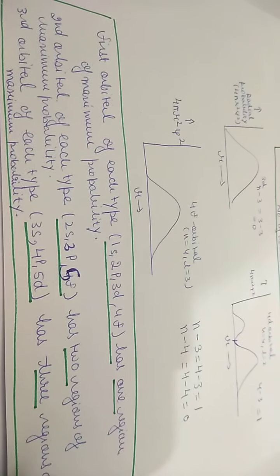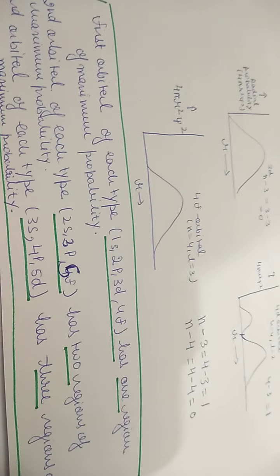The second orbital of each type has 2 regions of high probability or maximum probability.